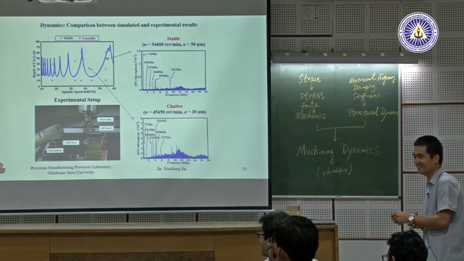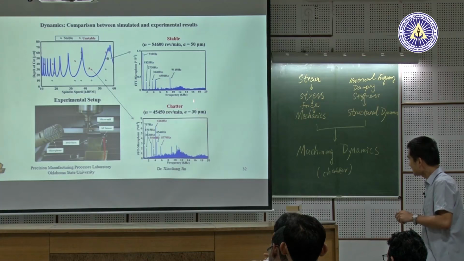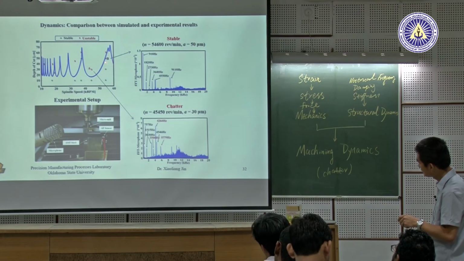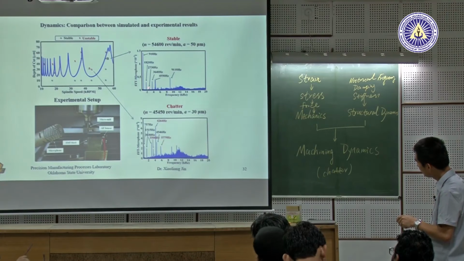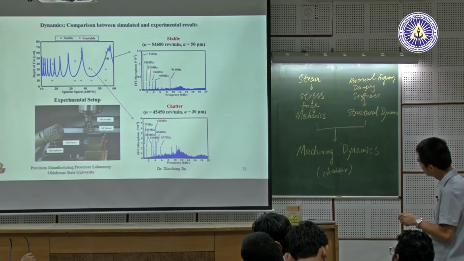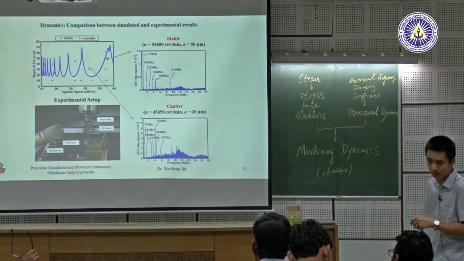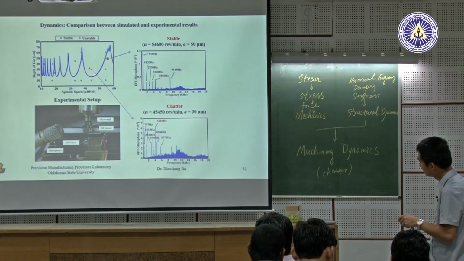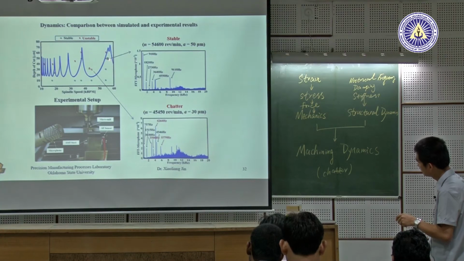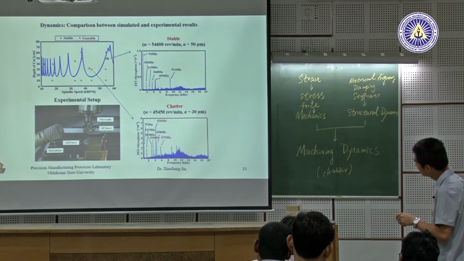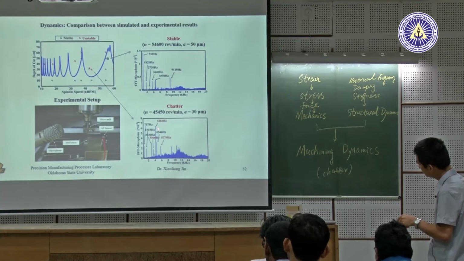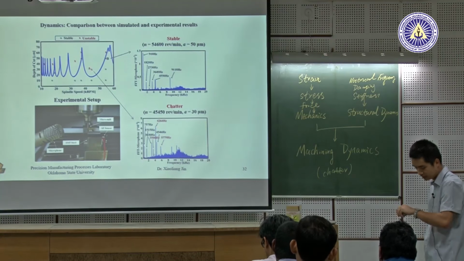Okay, so basically here we can differentiate. Even with a higher spin speed and higher depth of cut, all the frequency components are at the tooth passing frequency or the tool holder. But with a lower depth of cut, which is much less than the stable condition, we have a very high peak coming from the chatter frequency component.